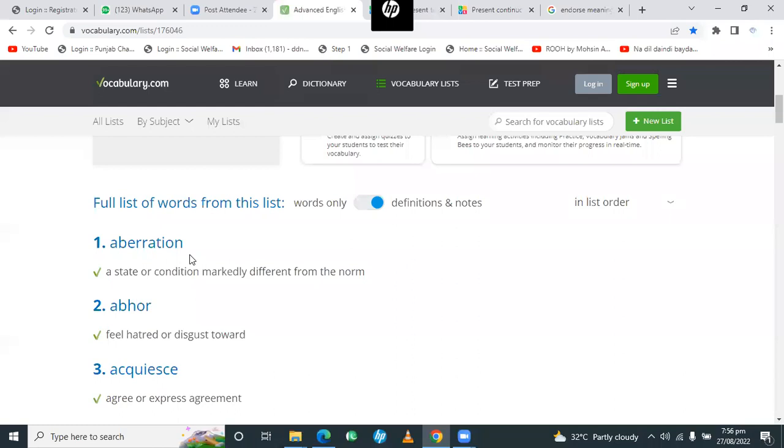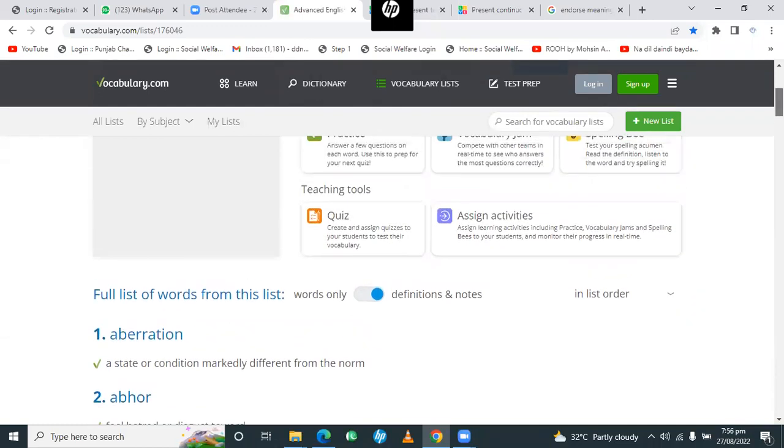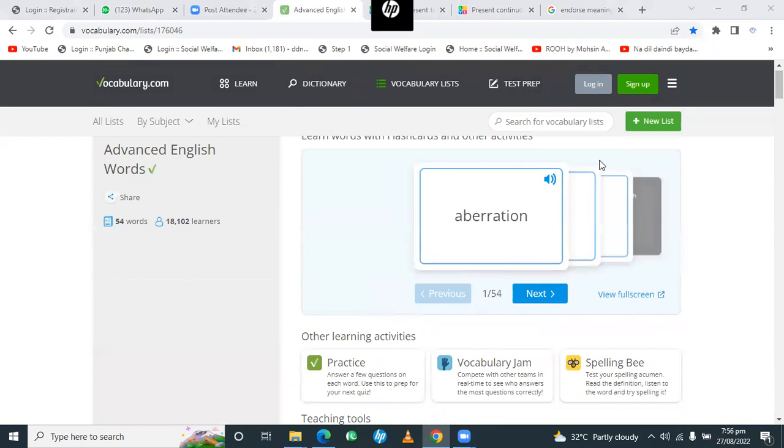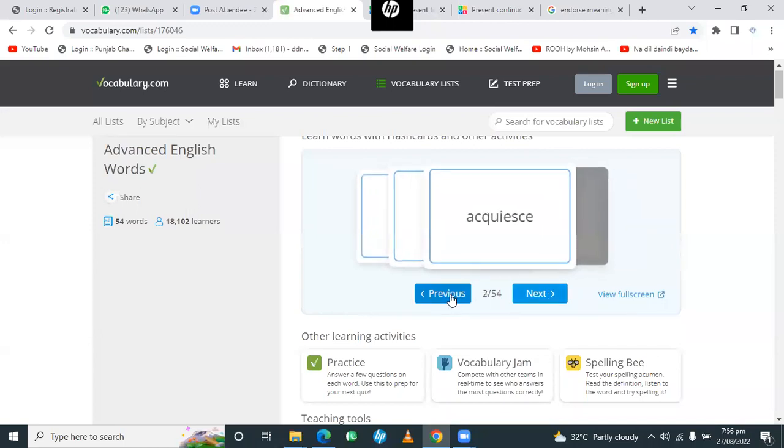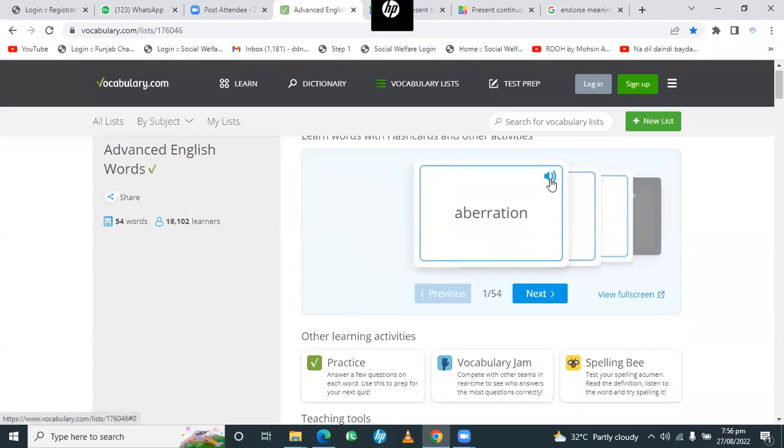And do not feel satisfied by just knowing five synonyms, just learn as many synonyms as you can. And you don't need to go on Google and search for the pronunciation. This blog post will provide you flashcards. When you click on it, you will get the pronunciation, aberration.